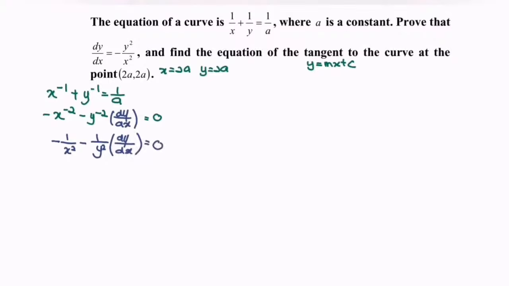Rearrange the situation, and we will have negative 1 over y squared multiplied with dy/dx equals 1 over x squared. So multiply both sides with negative y squared, and we will have dy/dx equals negative y squared over x squared.